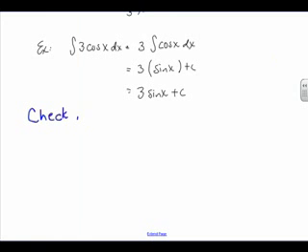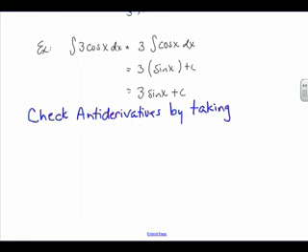So check antiderivatives by taking the derivative. We didn't necessarily have a way to check our derivatives, but since we do know the derivative rules and we know them well, we can check our antiderivatives by differentiation.